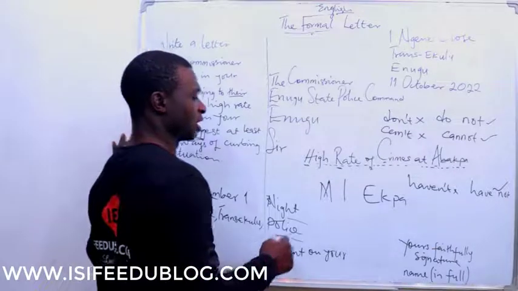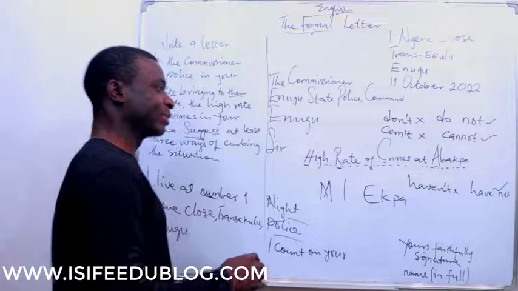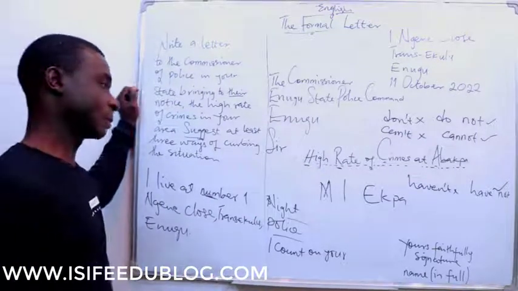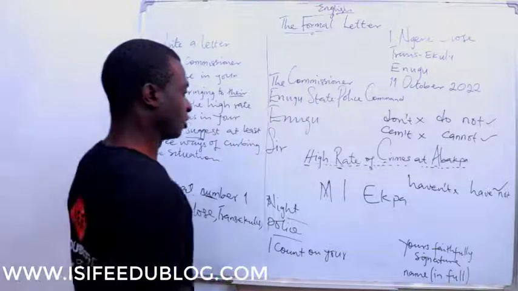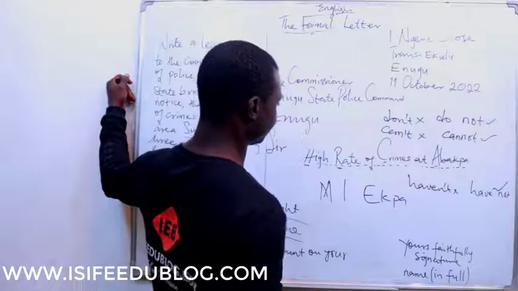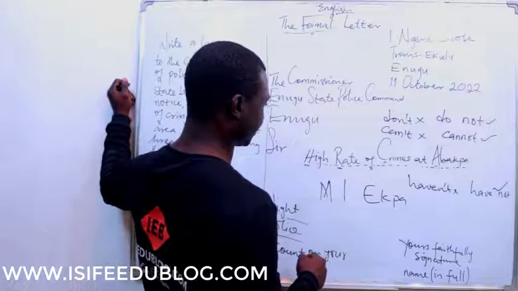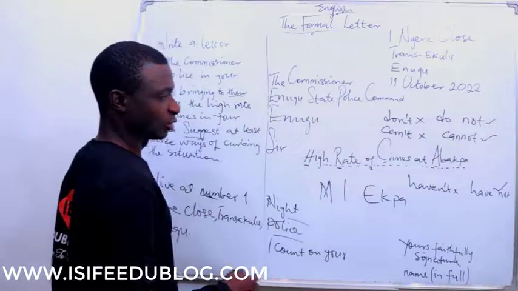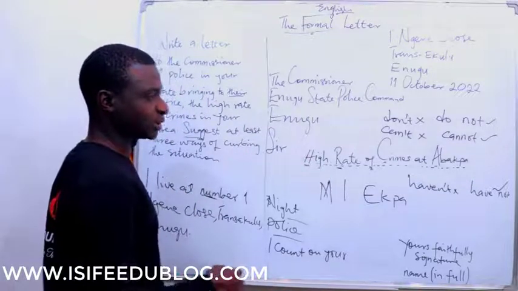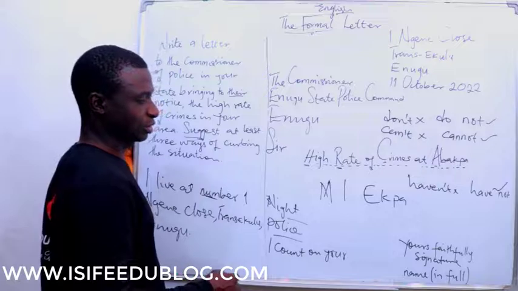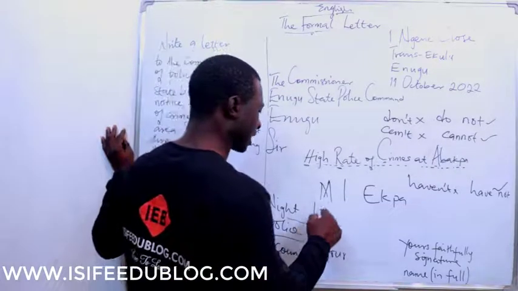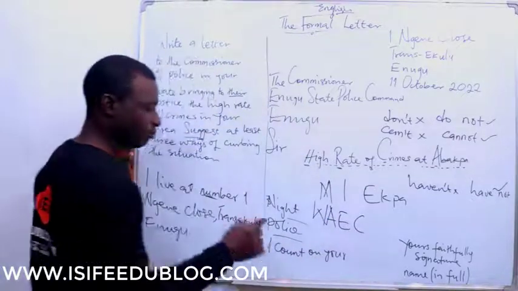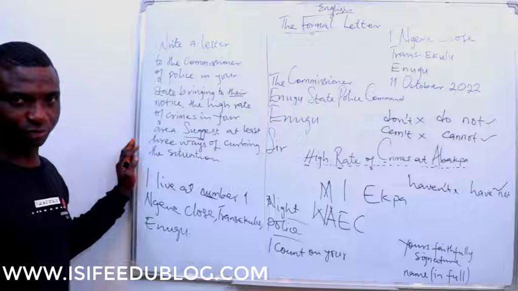Do not abbreviate except you have established the full name of the abbreviation. What I mean is this. If you intend to say that students writing Waec were disrupted by criminals at their school, Waec should be established in full before putting down the abbreviation.